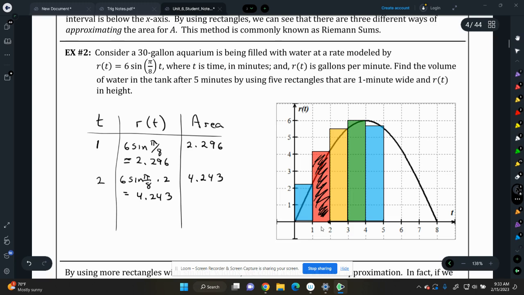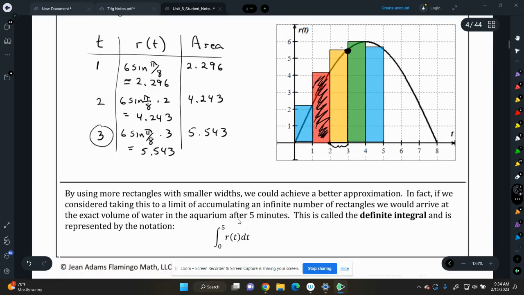So each rectangle, the next one, when t equals 3, it's going to be 6 times the sine of pi over 8 times 3, which is 5.543. So I have to use that t equals 3 to find the correct y value, but the width is still only 1. So it's just going to be 5.543, right?